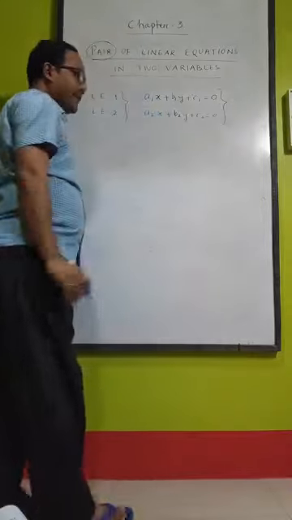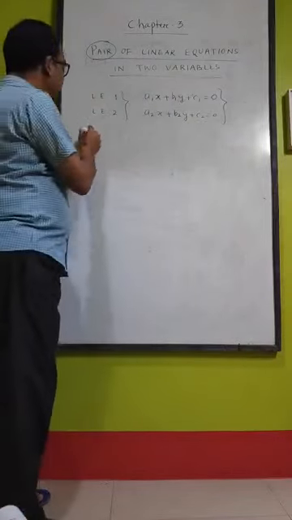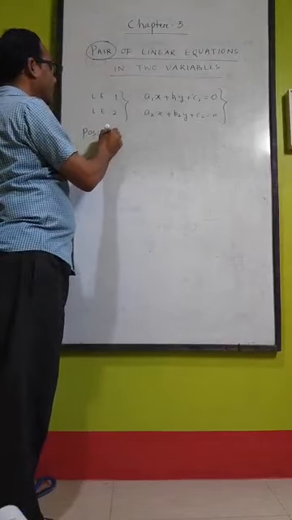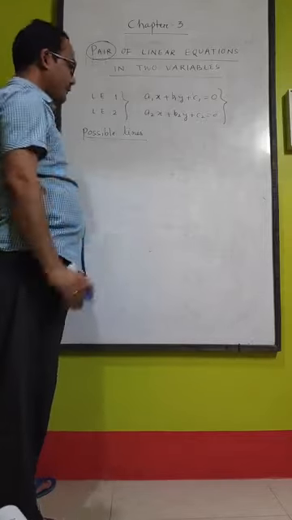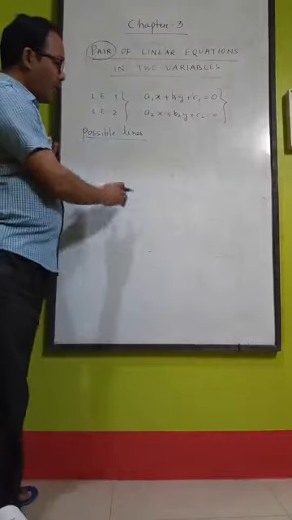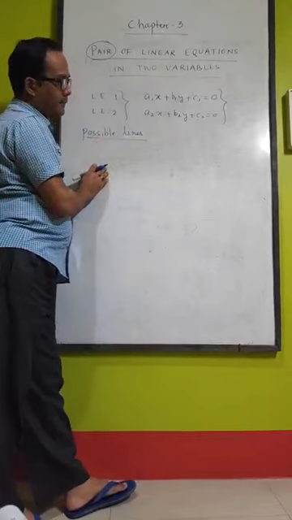If I consider such a pair of linear equations in two variables, then what will be the possible graphs, possible lines? Now think of this as the Cartesian plane, or the plane surface. On this plane surface, how can you draw two lines?